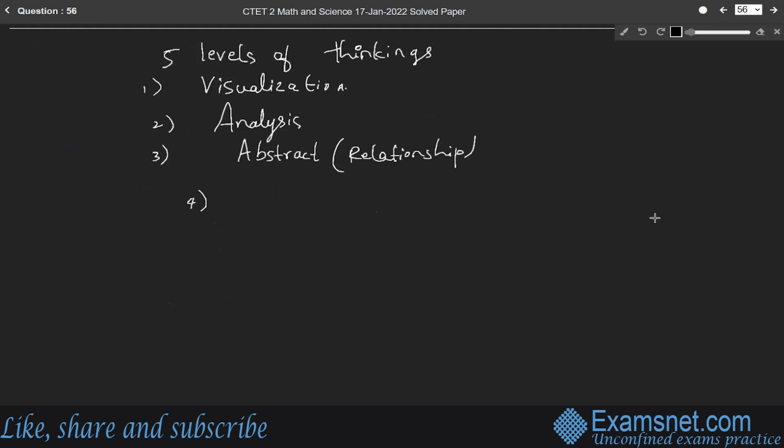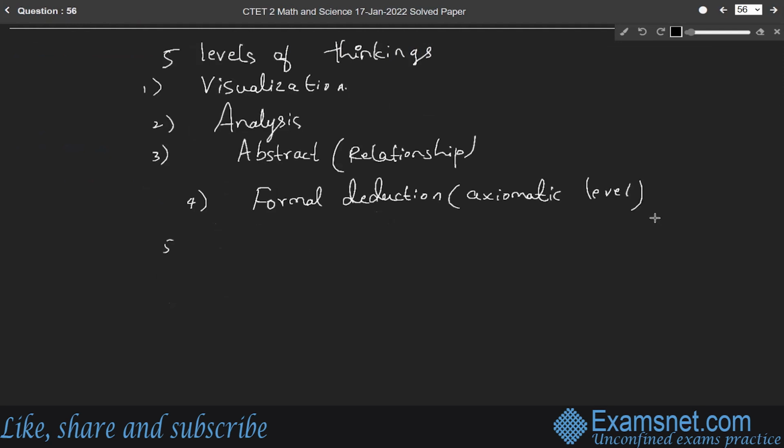And the fourth level is formal deduction level or axiomatic level.